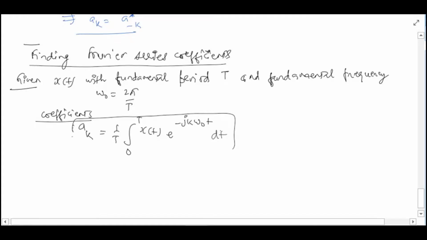Now this equation that gets Fourier series coefficients from the signal itself is called the analysis equation.